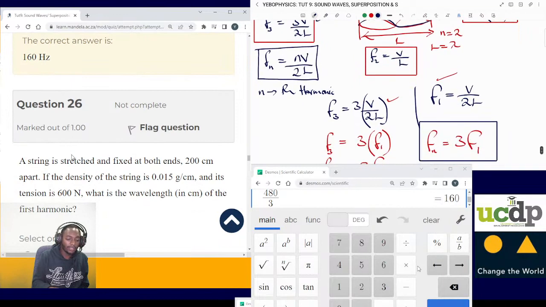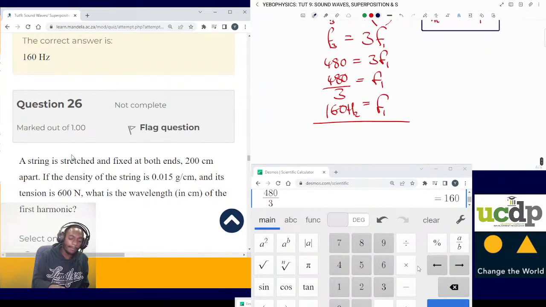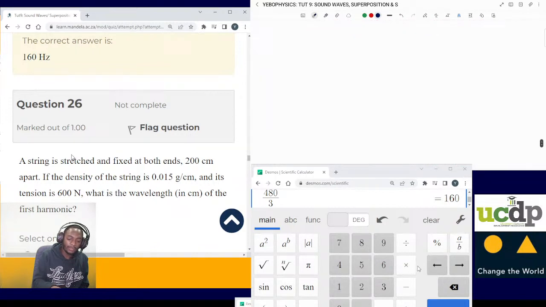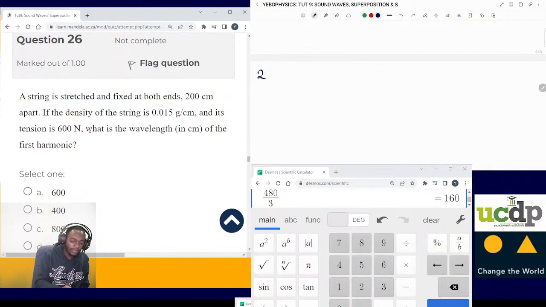That was question 25. So we can try out question 26. What does it say?